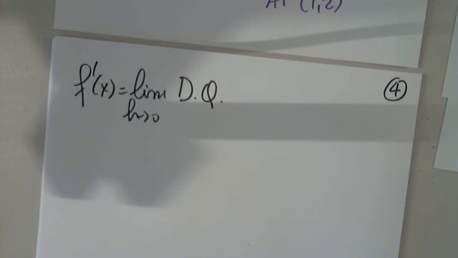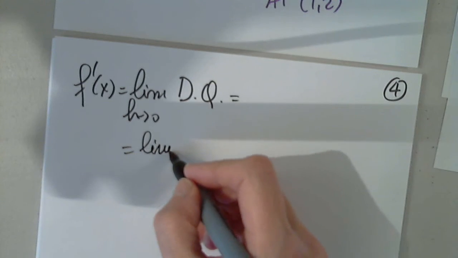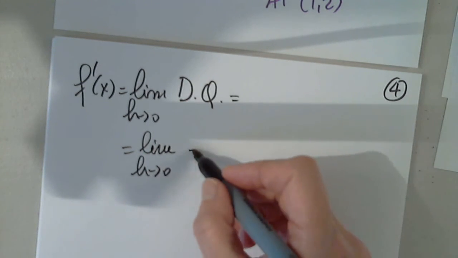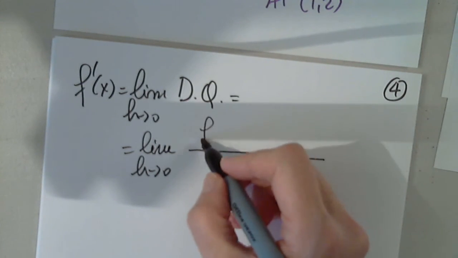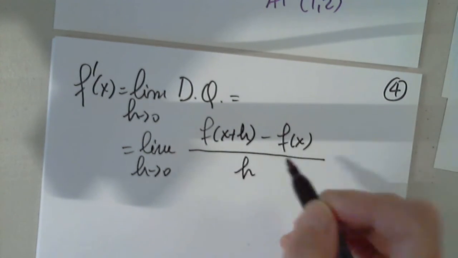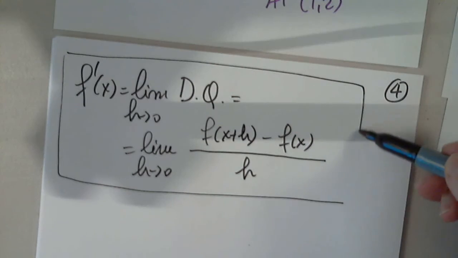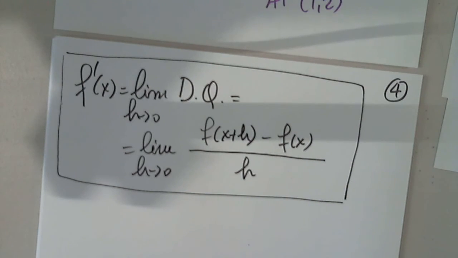So f prime of x is the limit as h approaches 0 of f of x plus h minus f of x over h. I don't want you to forget this because this is very important. No, we are not moving forward. We are not going to use this. We are going to use the differentiation rules.